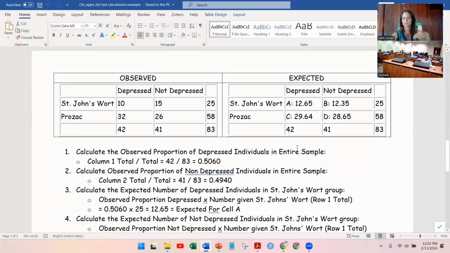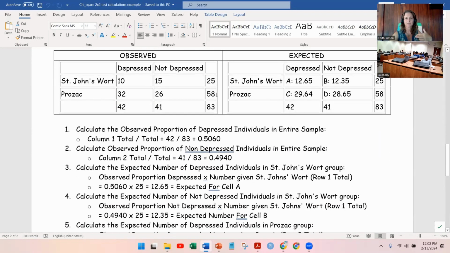Now we'll go down to where you see the numbers. I think it's a little easier to understand with the numbers, but this example shows it to you in loads of detail, so it'll help walk you through. Again, column 1 total divided by total.